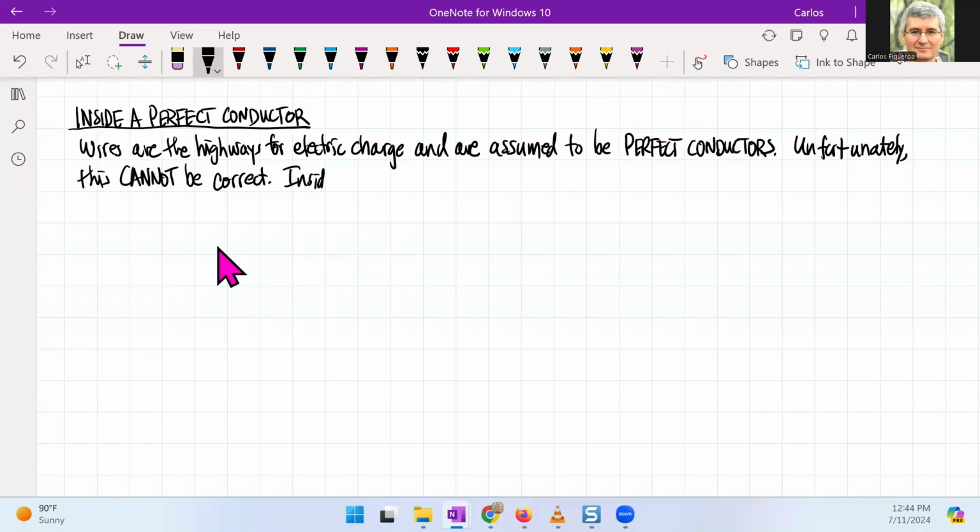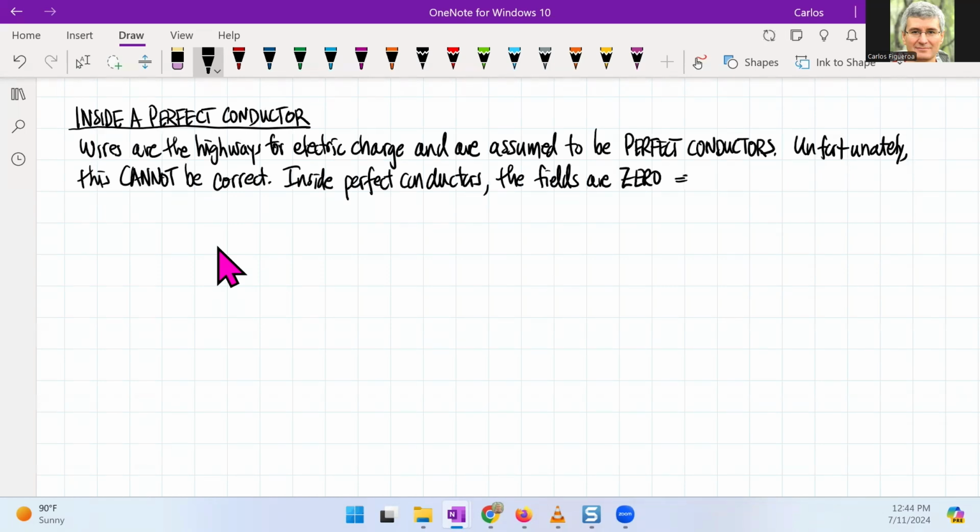Inside perfect conductors, the fields are zero.